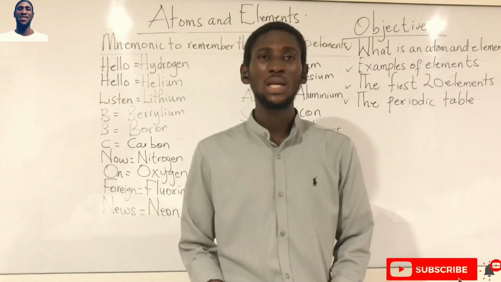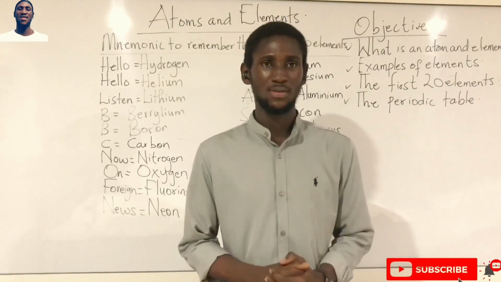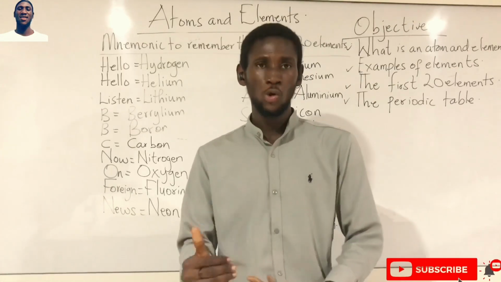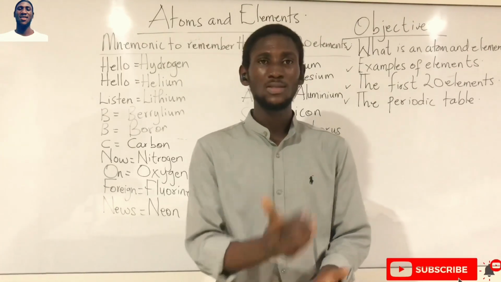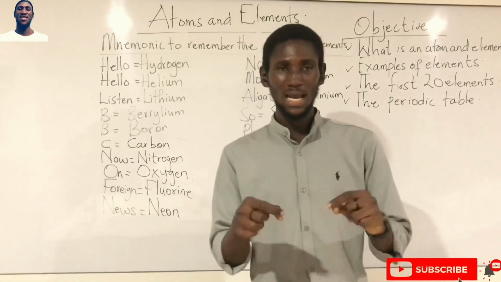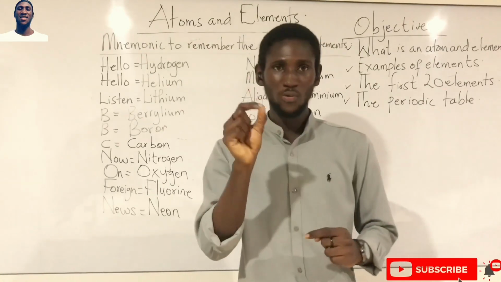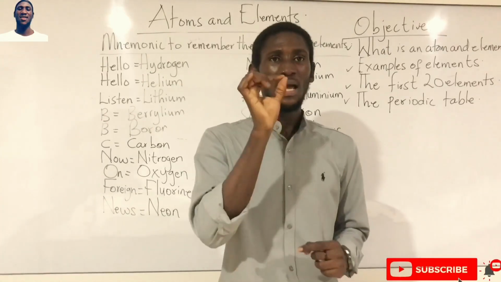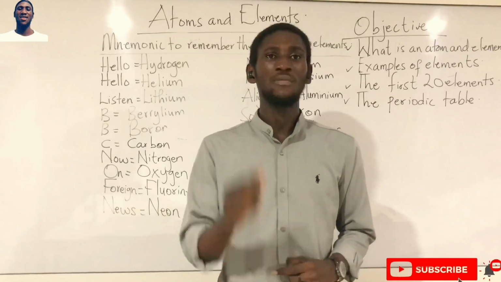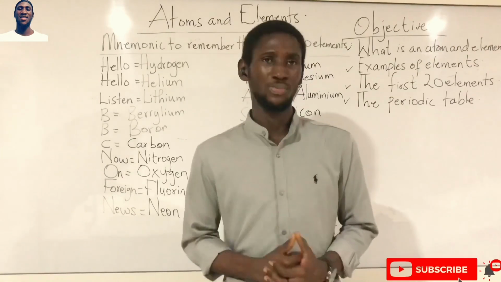Hydrogen contains only hydrogen atoms. When you take salt, sodium chloride contains sodium and chlorine. So you do realize that the key word I used over here is very critical. An element is a substance that is made up of the same atoms.